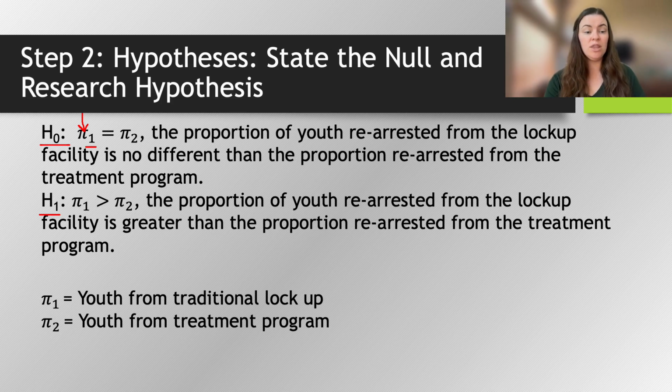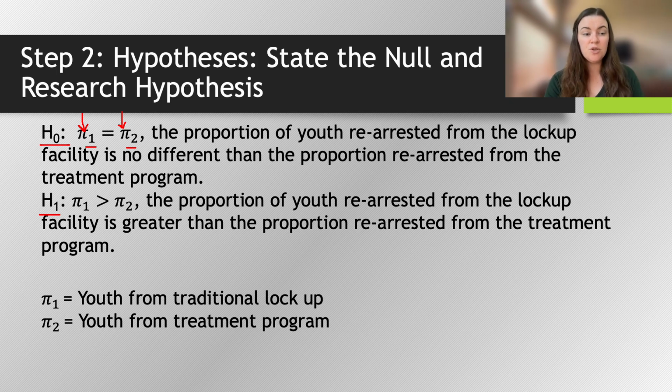And so what this is stating is that the proportion for group 1 is equal to the proportion of group 2. And so we're not comparing anything to a population at this point. And so that's why you see those subscripts enter here, because it's going to designate specifically what the proportion value is for each group. Here, this is where we have to be a little bit more mindful with respect to our research hypothesis.